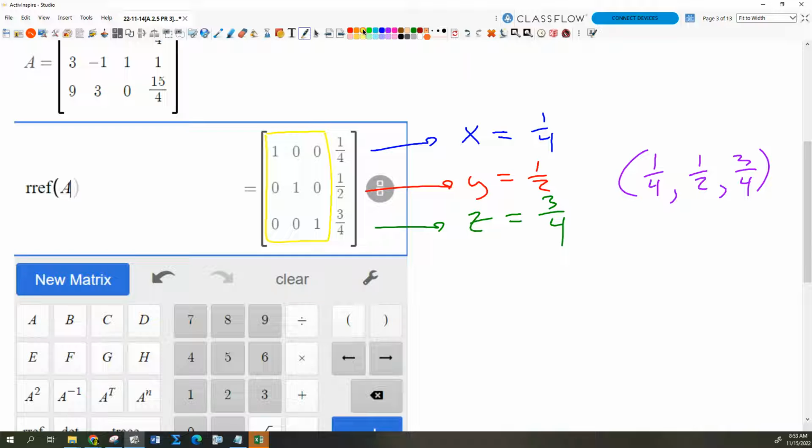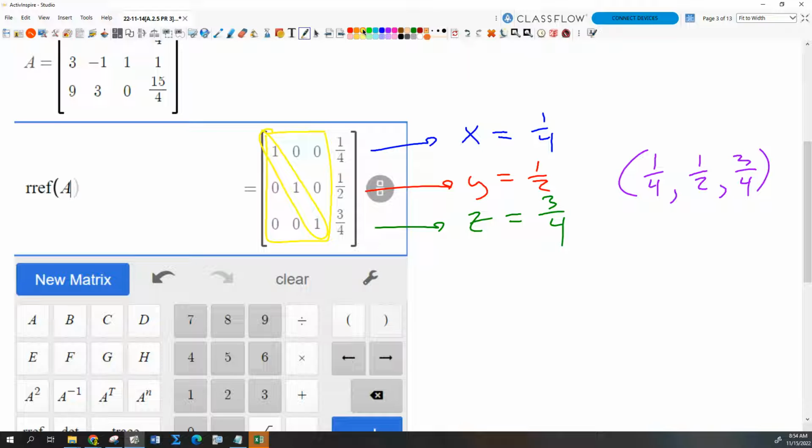So when you get the first 3 columns and 3 rows, a 3 by 3 square matrix, and it looks like you've got this diagonal pattern of just ones going from the top left to the bottom right and everything else is a 0, that's telling you we hit pay dirt, right? We got it. That's giving us a solution. X equals that number, Y equals that number, Z equals that number, we're done.